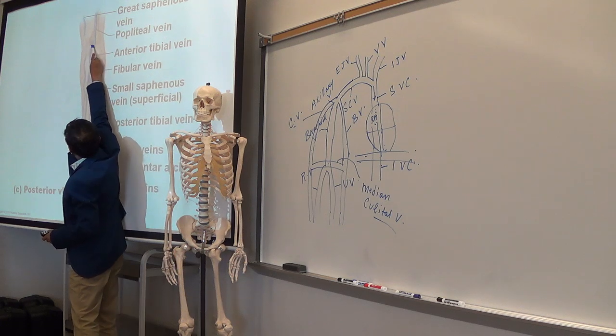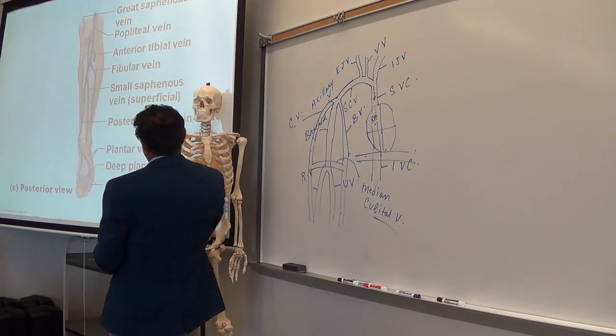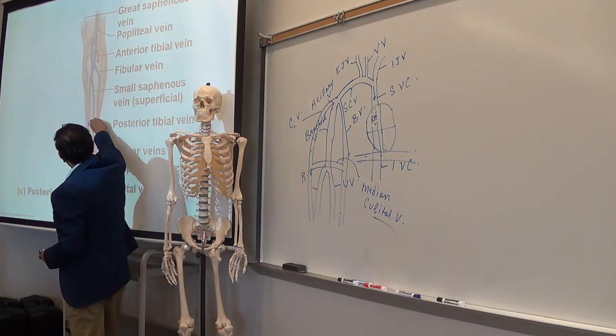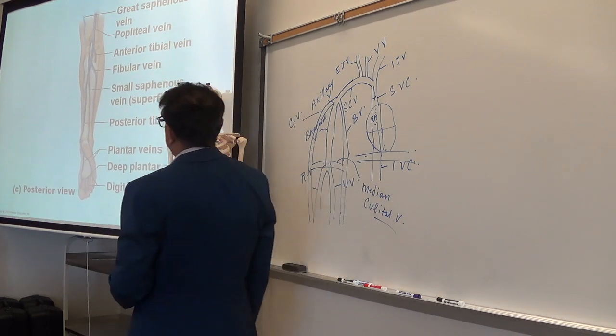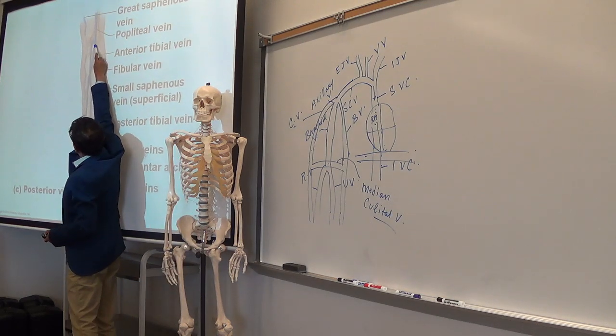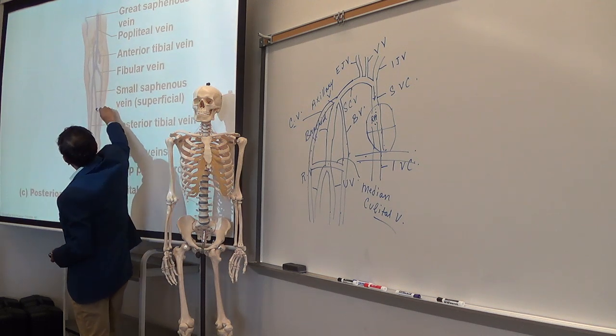This one, small saphenous vein, right? And then from the popliteal, anterior tibial and posterior tibial. And from the posterior tibial, you get the fibular. Or we can say it this way, this is the popliteal. From the upper part of the popliteal, you get the small saphenous.